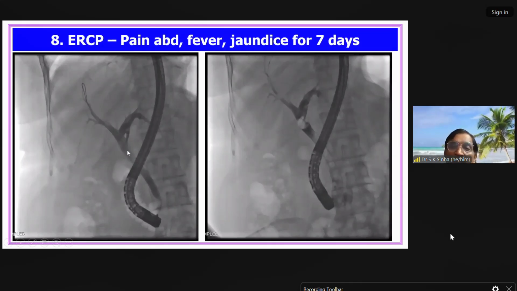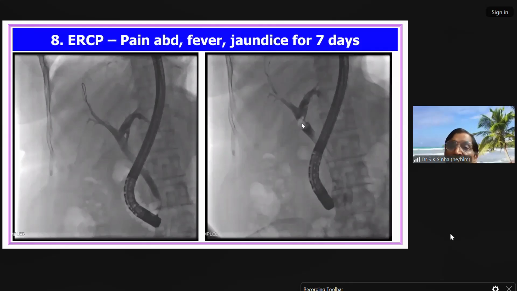The other two techniques are manipulation with the balloon, which will move the stone and the stone will become visible, or manipulation with the sphincterotome or the guide wire. So the moving stone will be better seen.